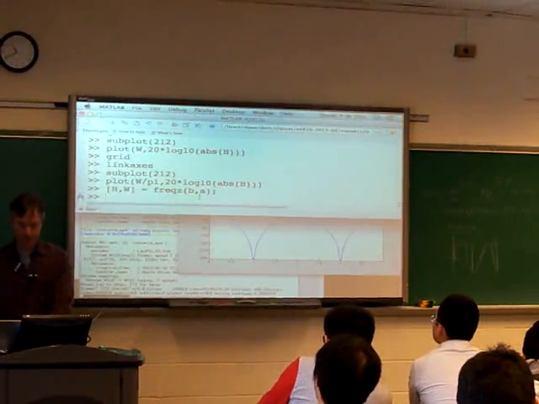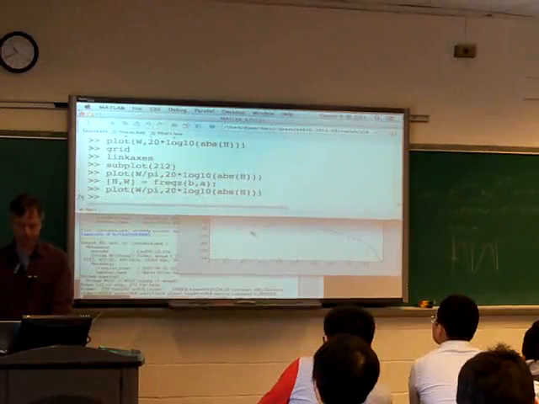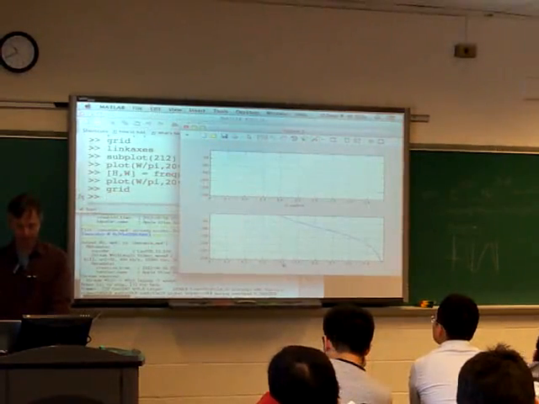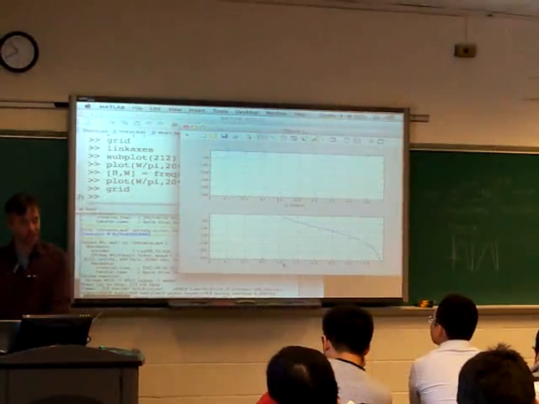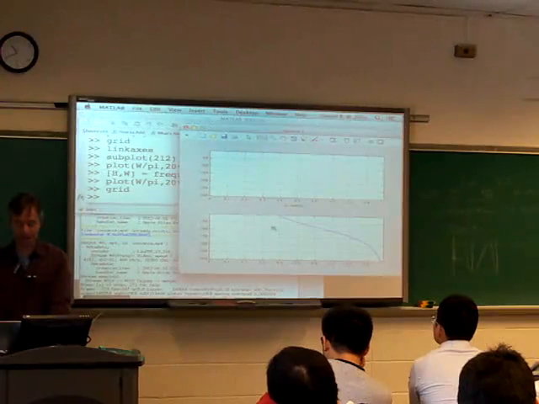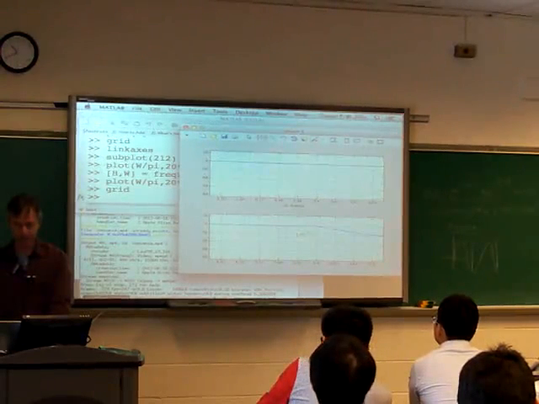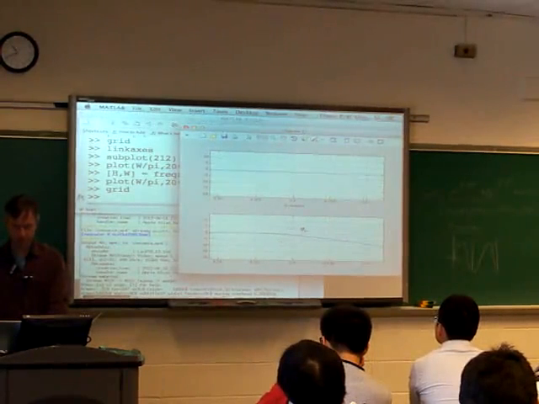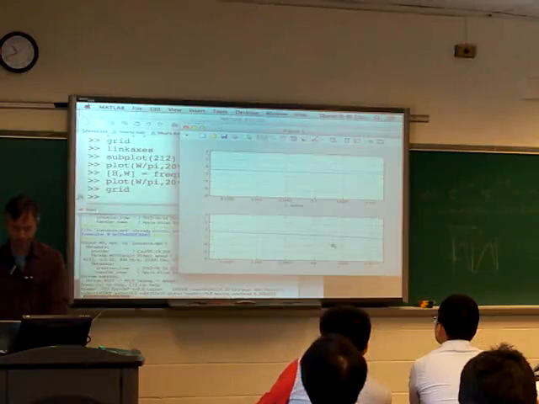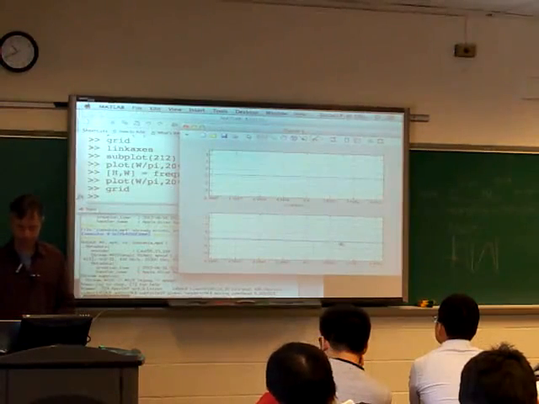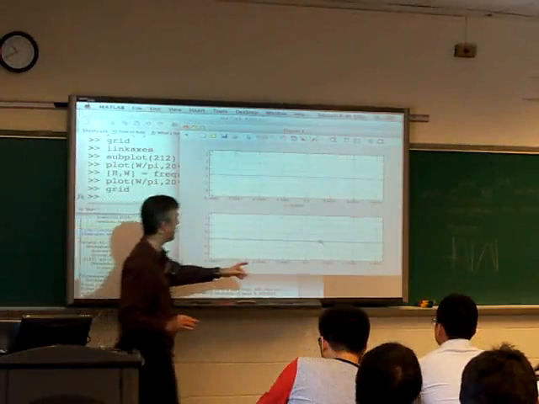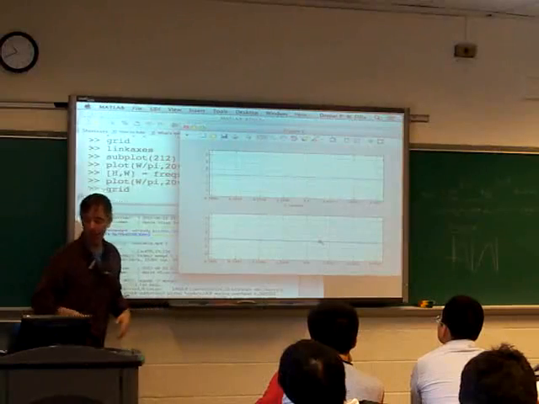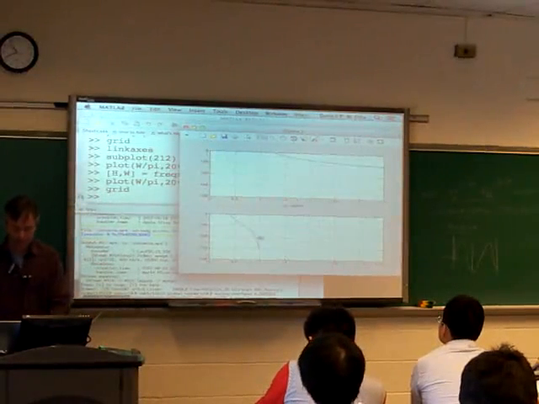If we plot it now, this is radians per sample divided by pi. And so here is this passband edge that we tried to achieve. And lo and behold, it's at 0.4 pi that it goes through minus 1 dB, which was the thing that we requested.